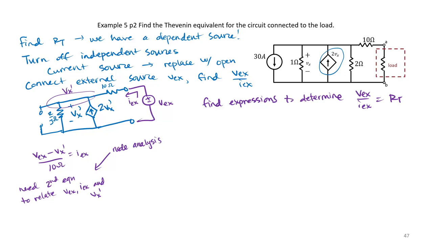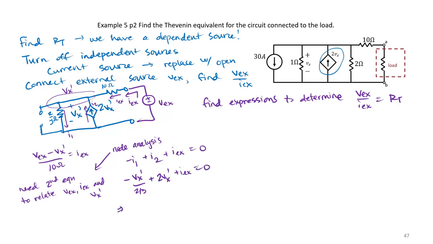So if I just do a node equation, notice I can just draw in some currents. I can say minus I1 plus I2 plus IEX equals 0. And in this case, my current I1 is just going to be Vx prime divided by 2/3 ohms. So that's minus Vx prime over 2/3 plus I2, that is plus 2Vx prime, plus IEX equals 0.